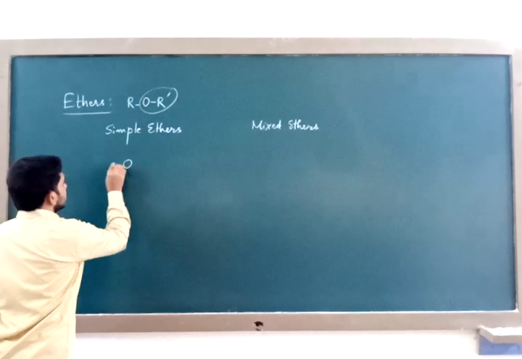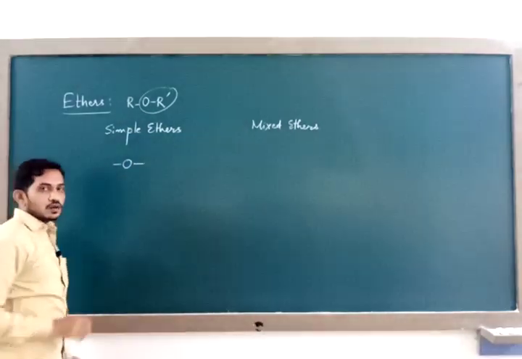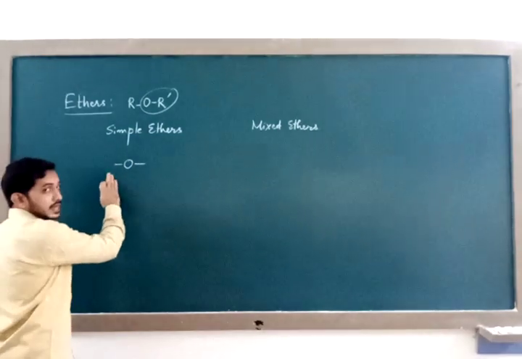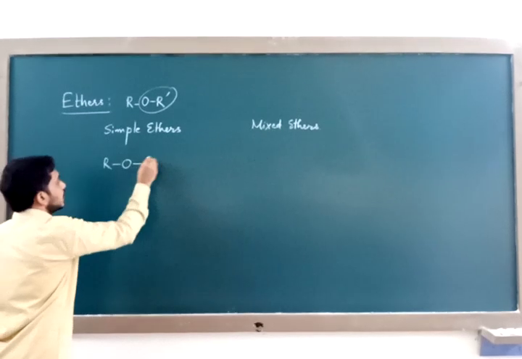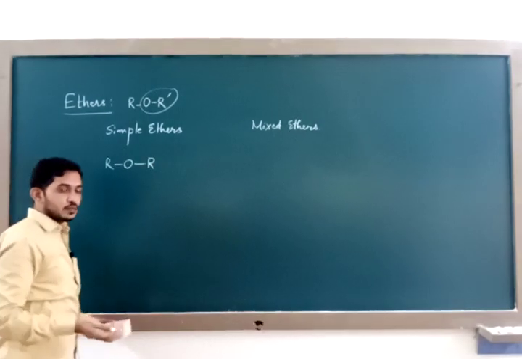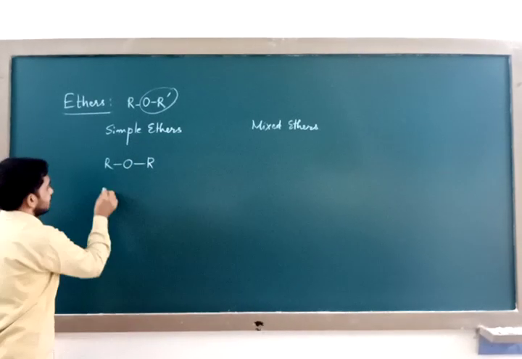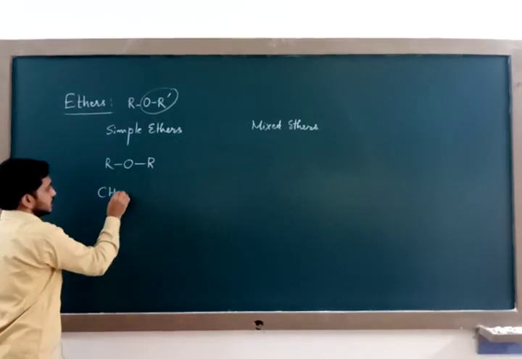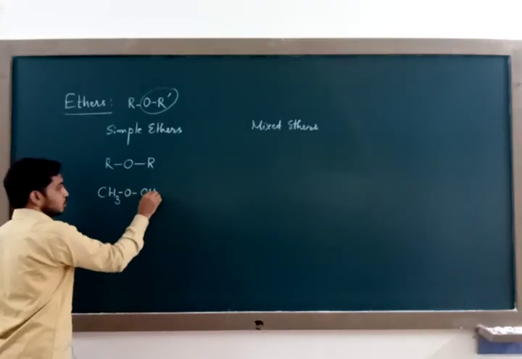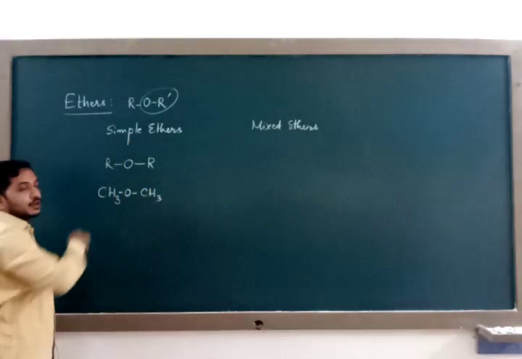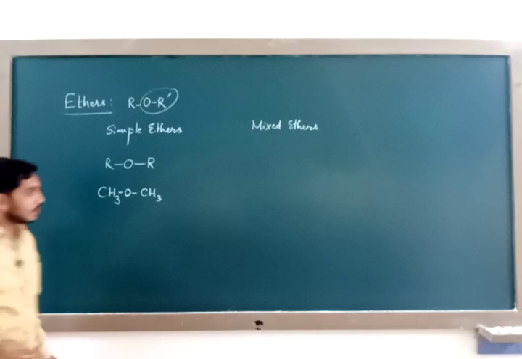If on either side of the ethereal oxygen, both the alkyl groups or aryl groups are the same, then we say they are simple ethers. For example, if one side you have CH3 and the other side also you have CH3, it is an example of simple ethers.